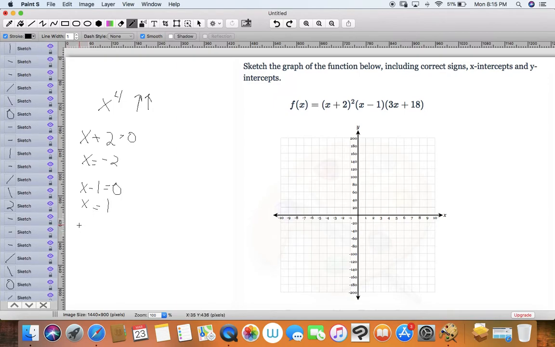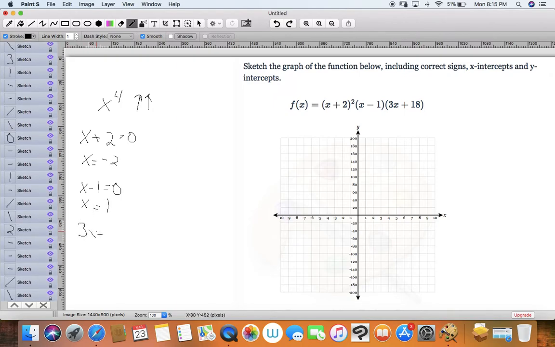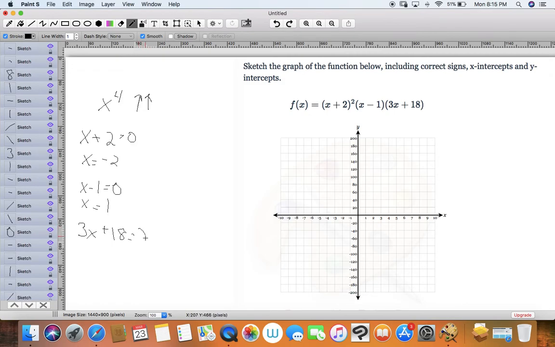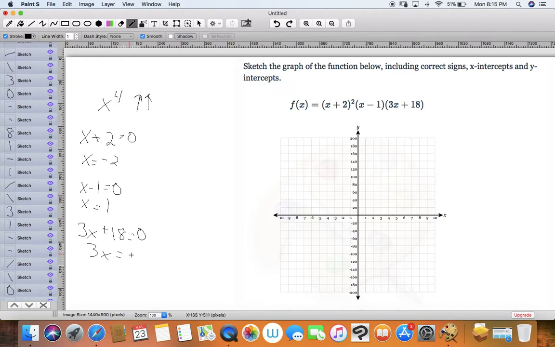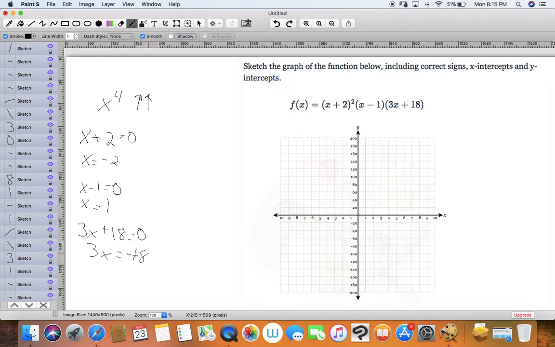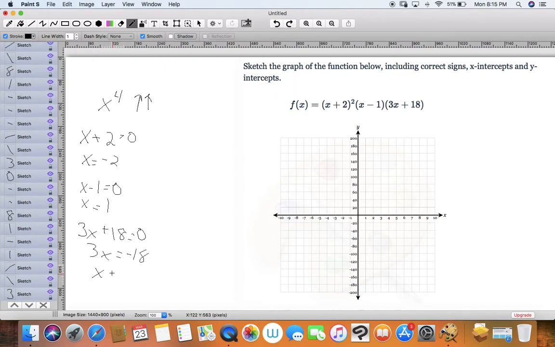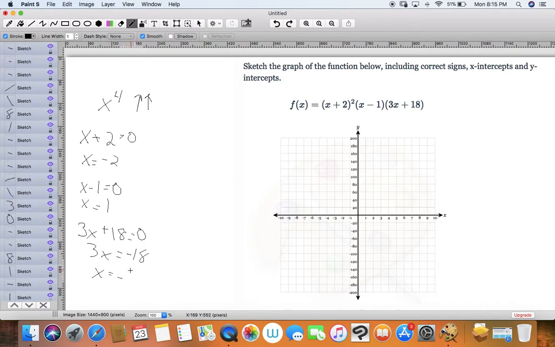And we'll need to do a little more algebra for the last one. 3x plus 18 equals 0. If we subtract 18 from both sides, we get 3x equals negative 18. And then dividing by 3, we see that x equals negative 6.